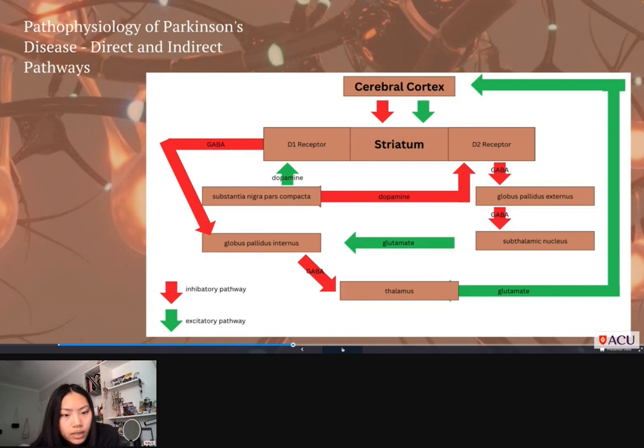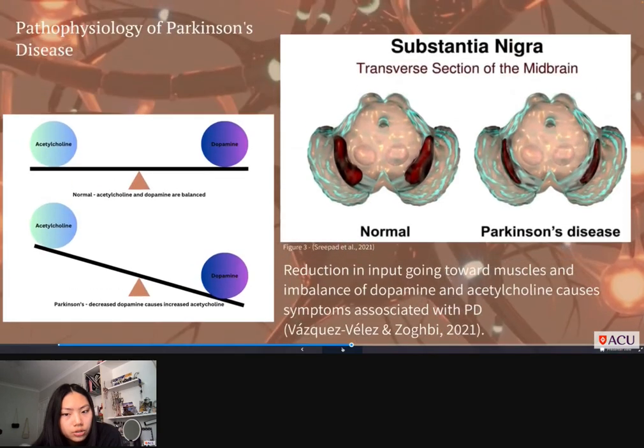When dopamine binds to the D1 receptor, it will stimulate the direct pathway, which is the excitatory one, and when dopamine binds to the D2 receptor, it will inhibit the indirect pathway, therefore overall causing smooth, powerful, enhanced motor movements. Another important neurotransmitter in the striatum is acetylcholine, released by cholinergic neurons, which provides balance from the dopamine by opposing it. Normally, dopamine and acetylcholine operate in a manner that balances each other out, causing that smooth, controlled movement.